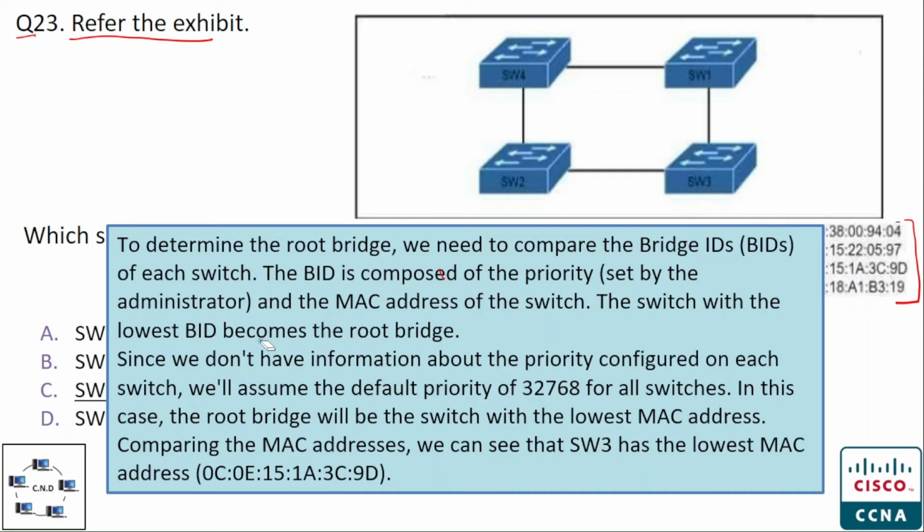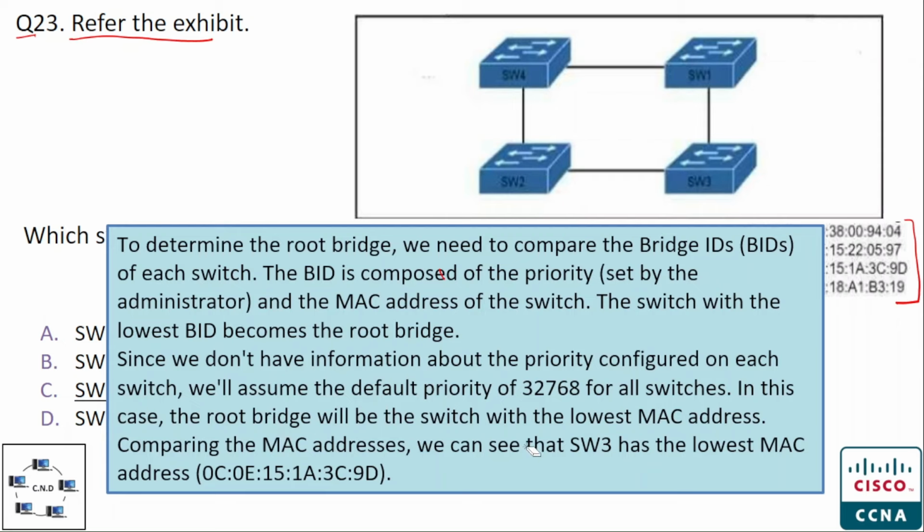The switch with the lowest BID, or bridge ID, becomes the root bridge. Since we don't have information about the priority configured on each switch, we will assume the default priority of 32768. So this is the default priority of the switches. In this case, the root bridge will be the switch with the lowest MAC address.